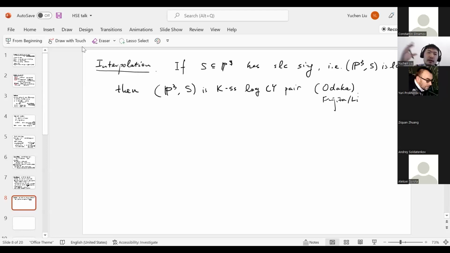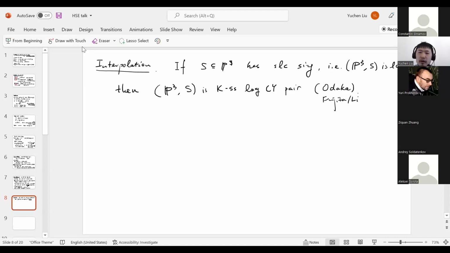So pretty much the idea is, in view of the valuative criterion, K-stability can be checked by this beta invariant, which is the difference between log discrepancy and the S invariant. So the S invariant is some kind of volume function, and it becomes 0 if you're in the log Calabi-Yau setting. So then in this case, K-stability just reduces to the non-negativity of log discrepancy, which is the same as being log canonical.